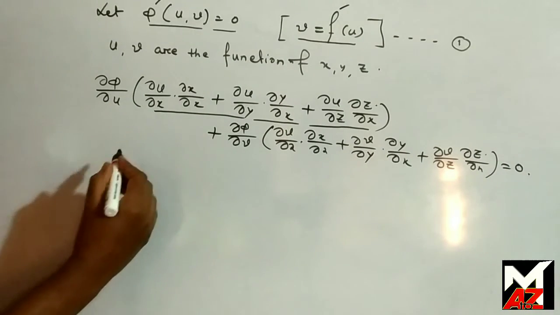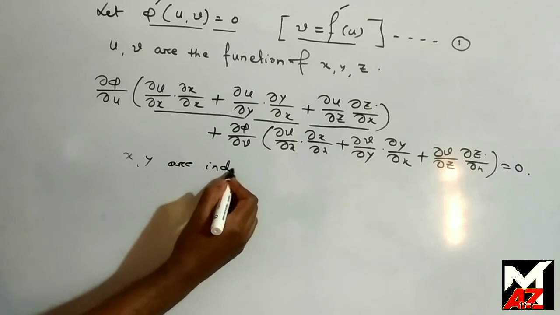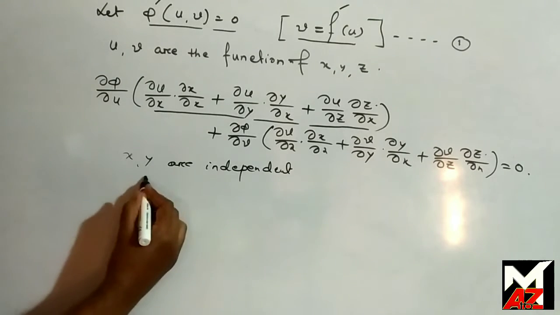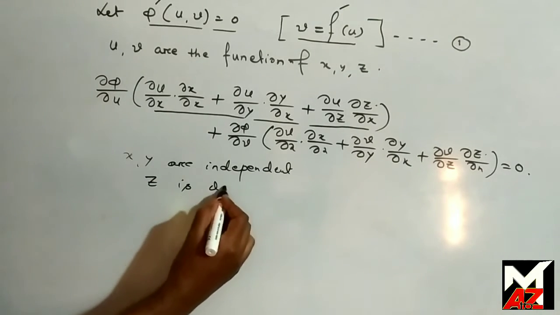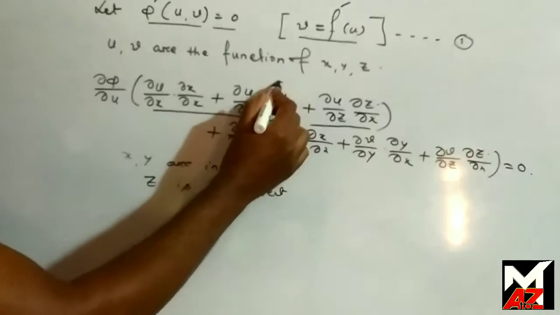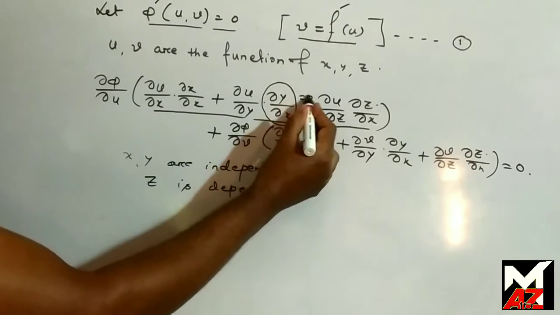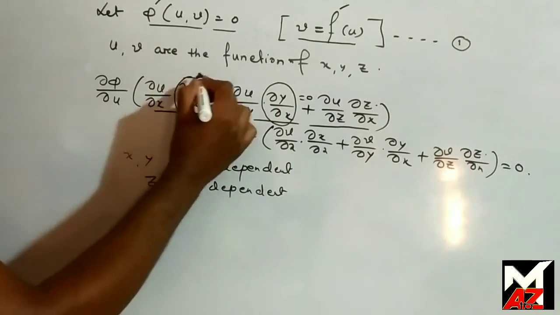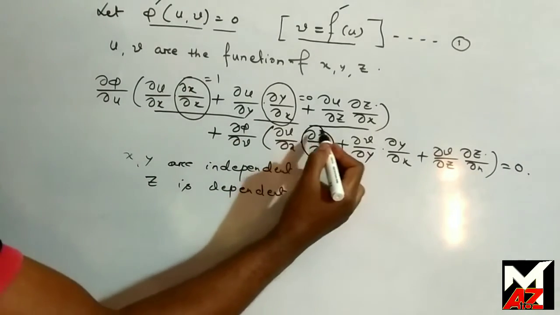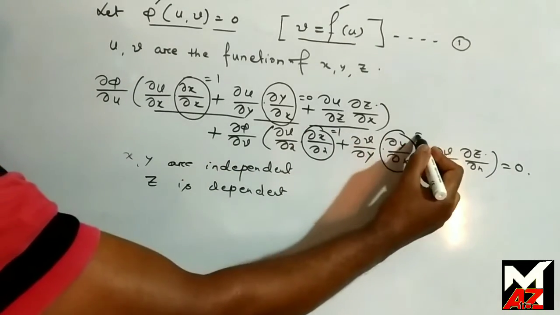Now here x, y are independent variables and z is dependent. So del y by del x is equal to 0, and del x by del x is equal to 1. Similarly, here del x by del x is equal to 1 and del y by del x is equal to 0.